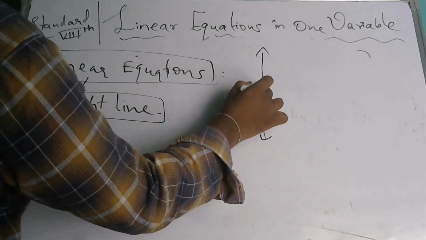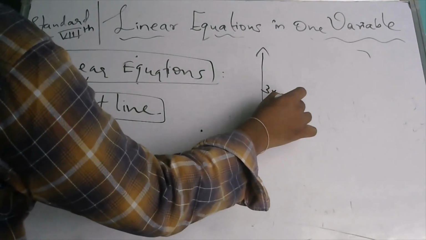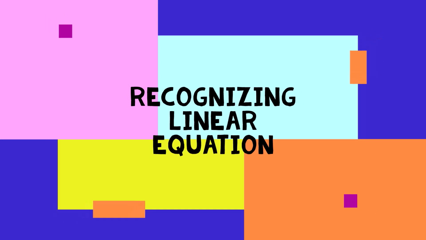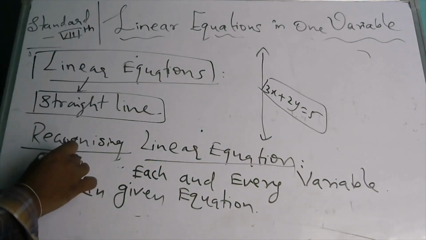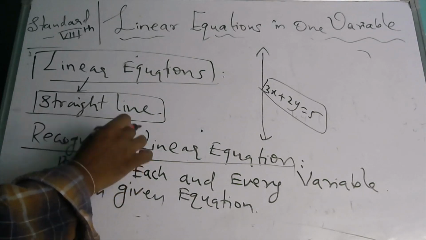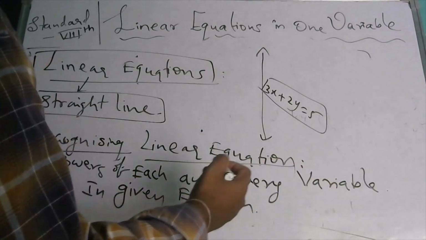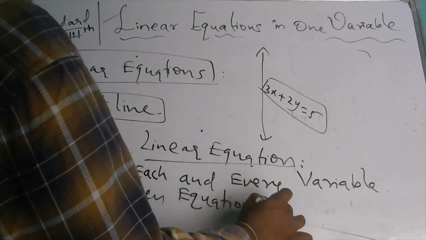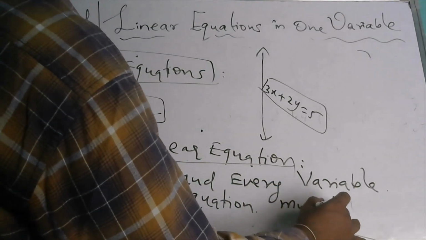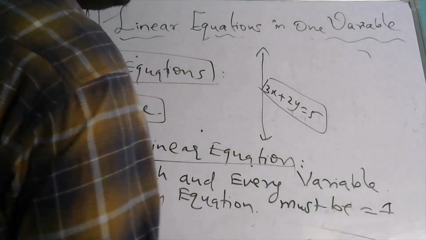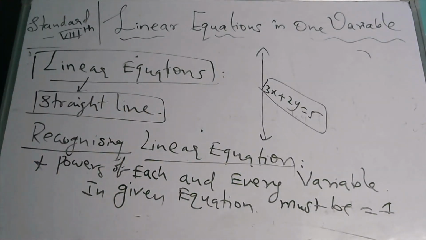So the powers of each and every variable in the given equation must be equal to 1. It should not be more than 1. Each and every variable.